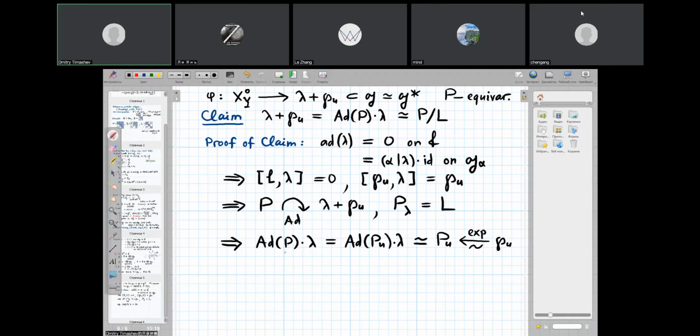So on one side, this orbit is isomorphic to this affine space, to this vector space or affine space, if you like. And on the other side, this orbit is contained, of course, in lambda plus Pu, which is again an affine space of the same dimension. But this implies that they have to coincide.